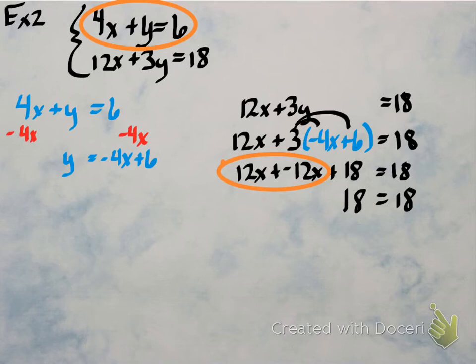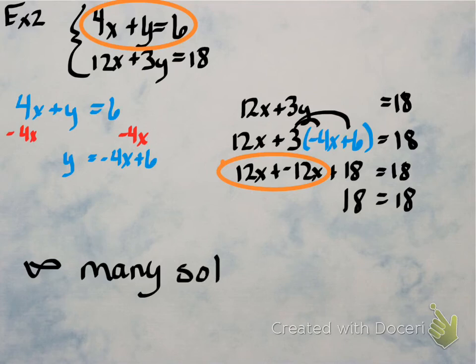Since that's always true, this is actually graphing the same line in both places, and this is the infinitely many solutions case. Sometimes we will say that this is a dependent system.